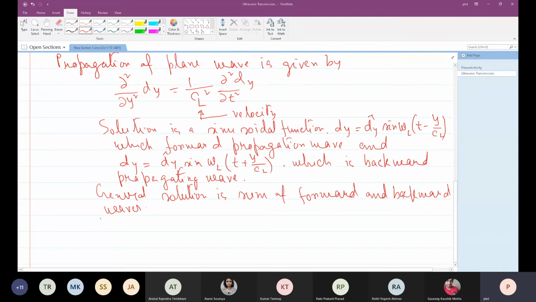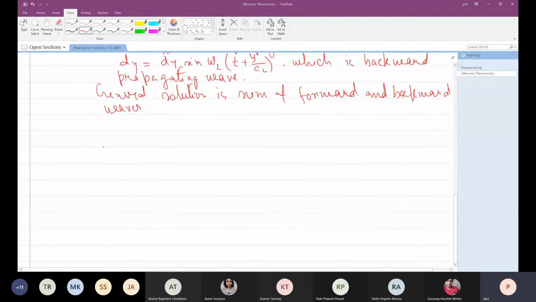So C, the velocity of sound in a medium, depends on the density.